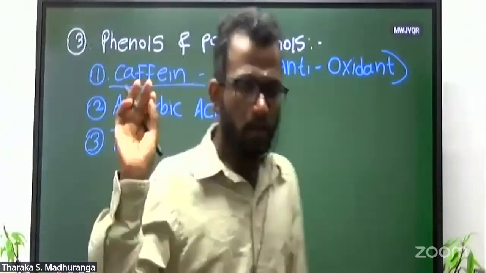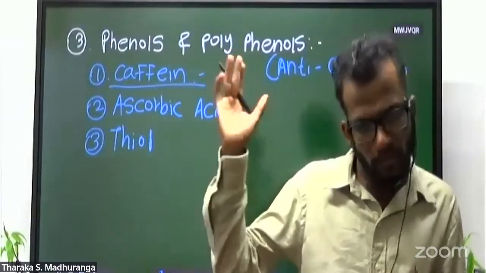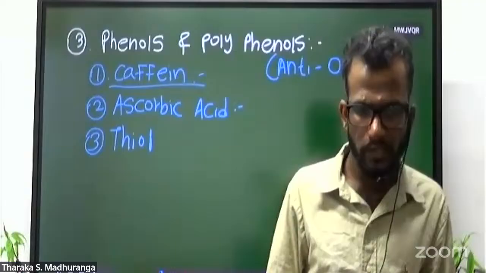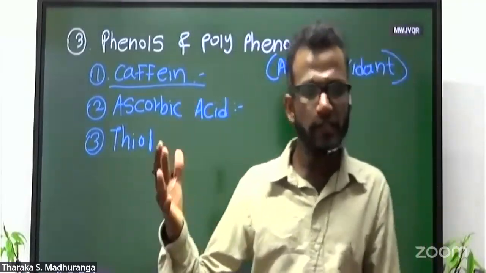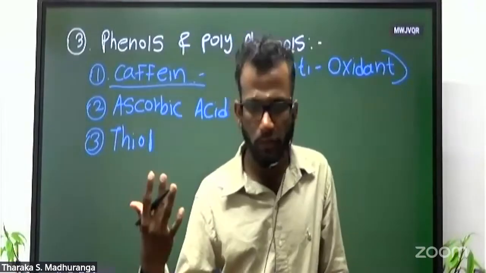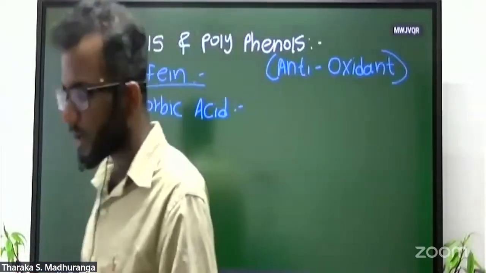That means if you type "terpenoids" on the internet, yes, a lot of information you can collect. Essential oil, many times. Even essential oil extraction you can see on YouTube. That's your work.